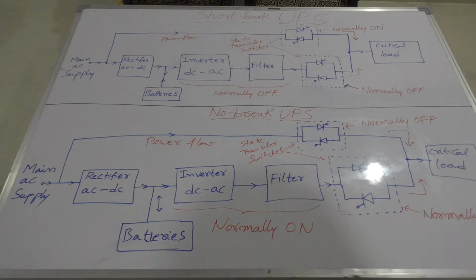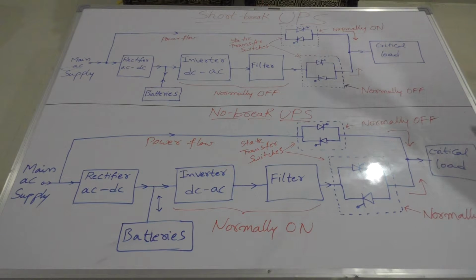The first one is short break UPS and the second one is no break UPS. The first figure is about short break UPS. Now, in this we shall first consider normal operation. Normal operation means the load will be getting electrical power directly from the main AC supply.